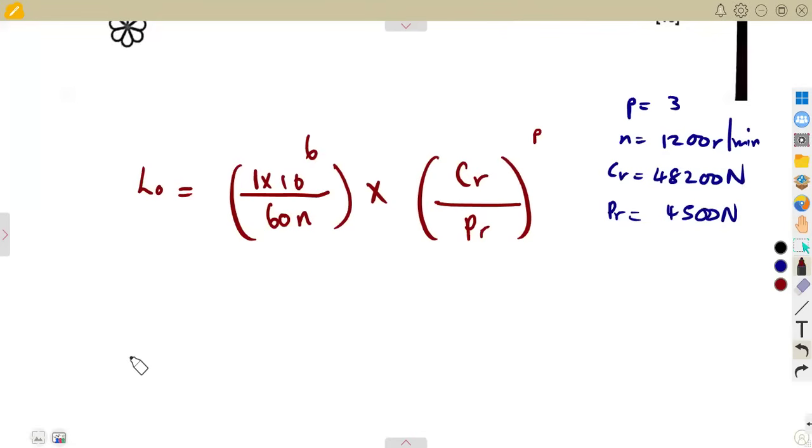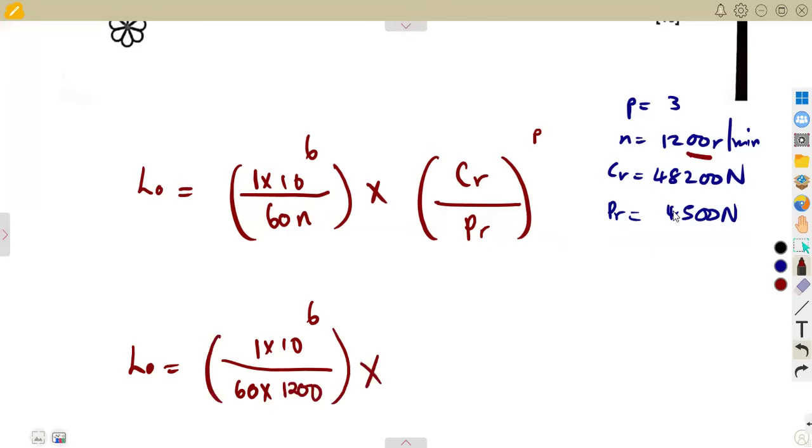So that means our life expectancy is going to be 1 times 10 to the exponent of 6 over 60 times the speed in revolutions per minute, which is 1,200, times CR over PR, 48,200 over 4,500, to the exponent of 3.